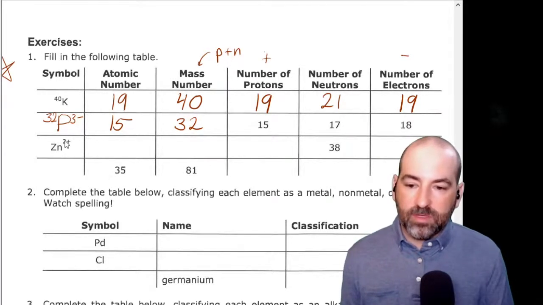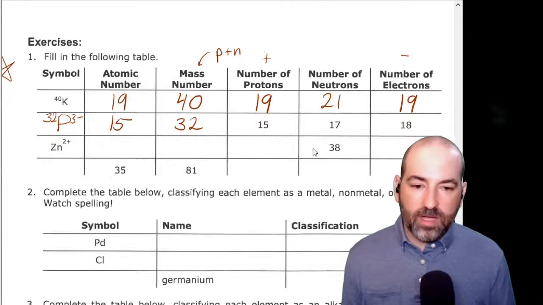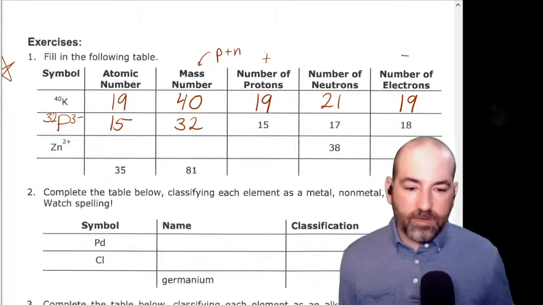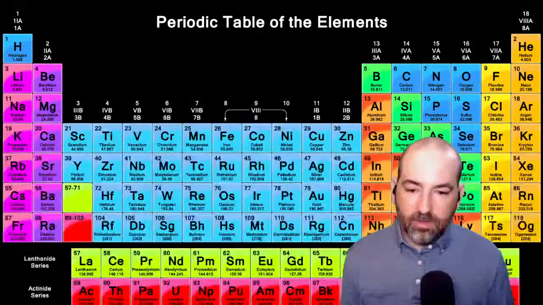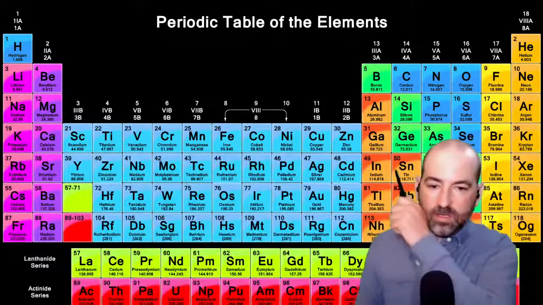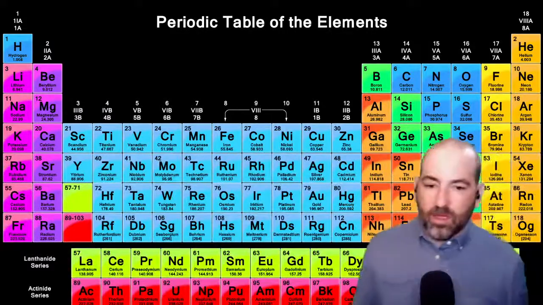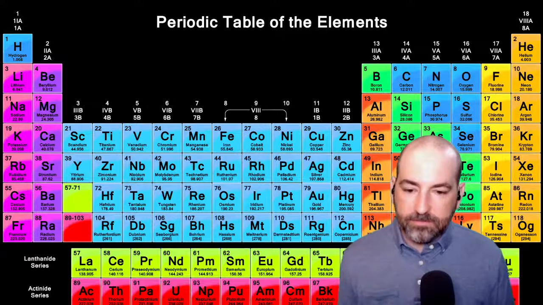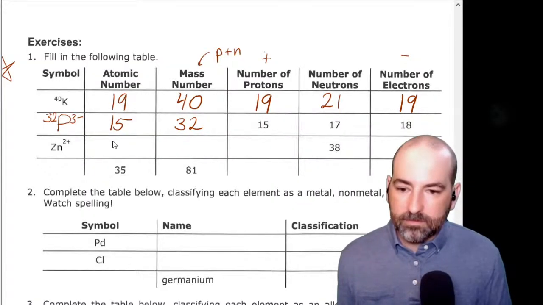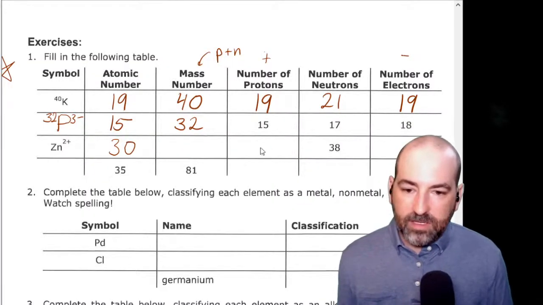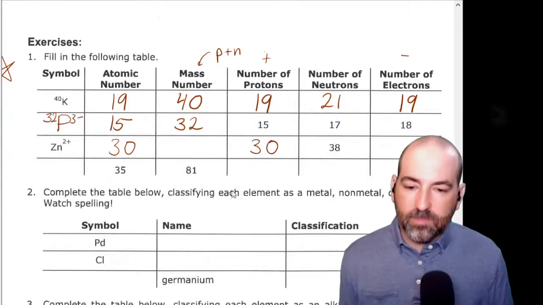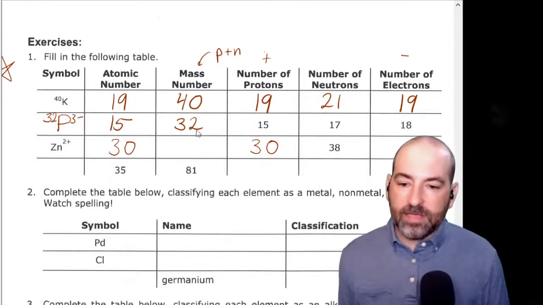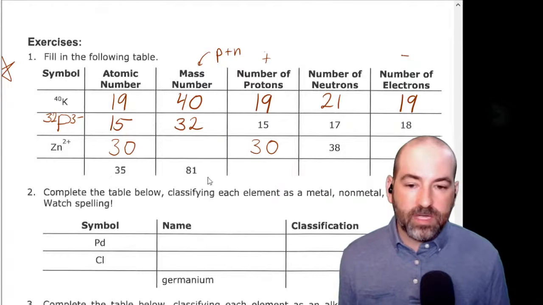We've got zinc with a 2 plus charge, and the number of neutrons is given over here. So the atomic number we can look up on the periodic table. Zinc is right there. That is number 30. And that tells us we have 30 protons. Now be careful here. To get the mass number, remember the mass number is the protons and the neutrons.